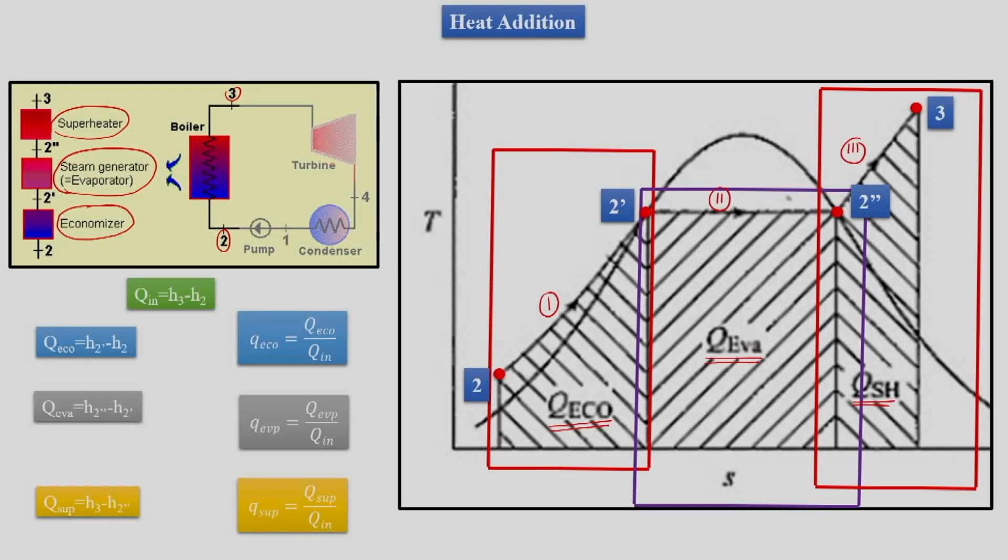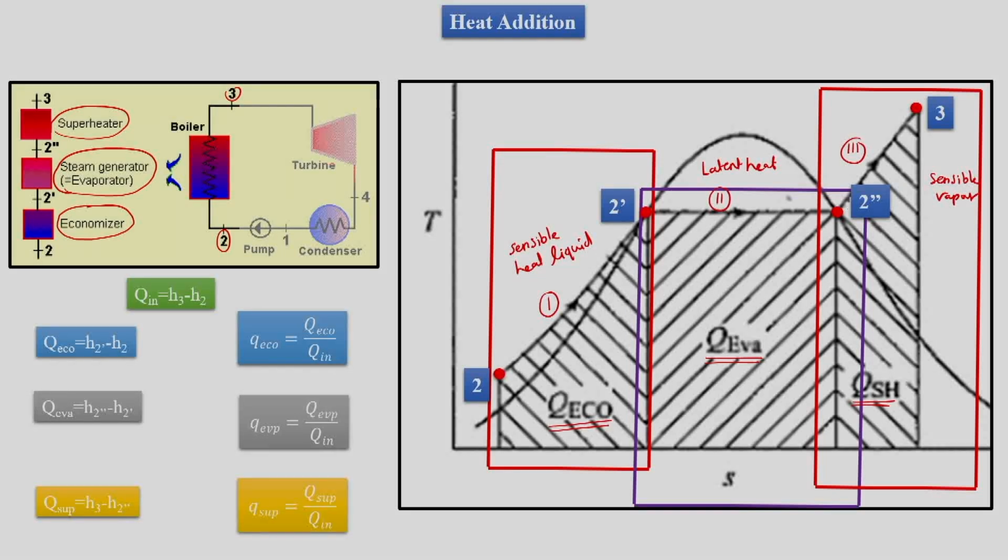This decomposition of heat addition is practically helpful, since Q economizer deals with sensible heat for liquid, the evaporator deals with latent heat, and Q superheater deals with again sensible heat, but this is for vapor.